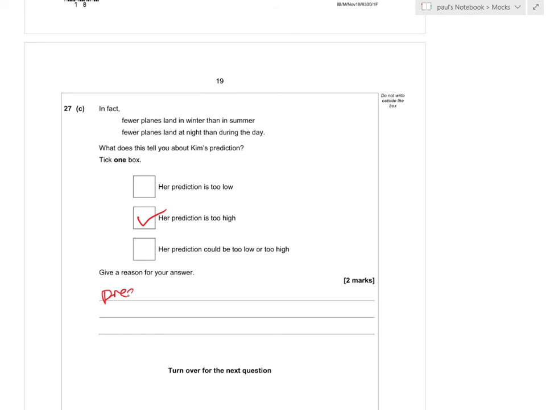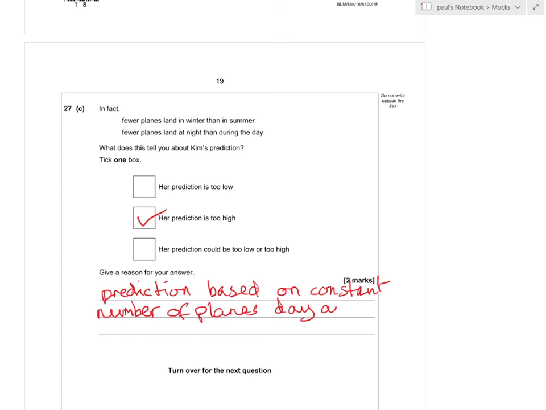The prediction is based on a constant number of planes, day and night, winter or summer.